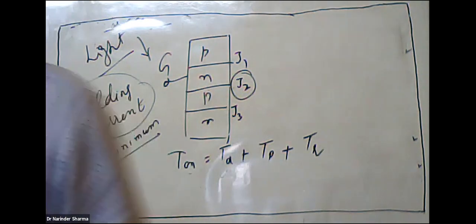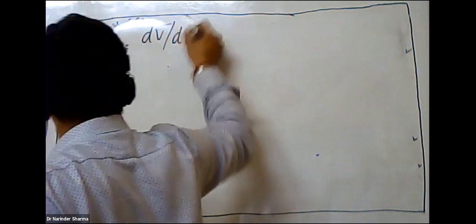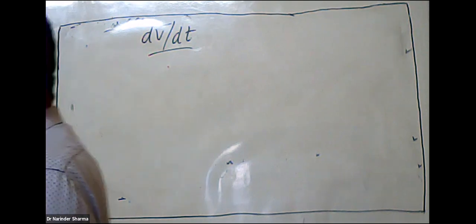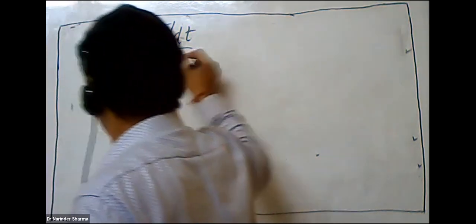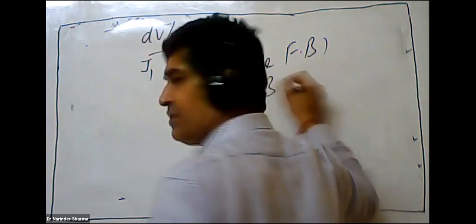Now there is dV by dt triggering. We can also turn it on by dV by dt triggering. In dV by dt triggering, with forward voltage across the anode and cathode, the outer junctions J1 and J3 are forward biased and J2 is reverse biased.